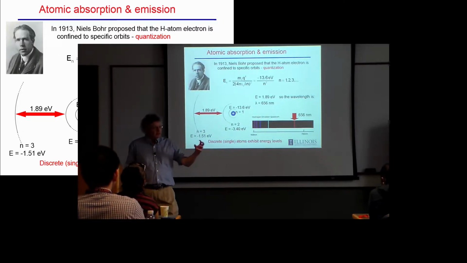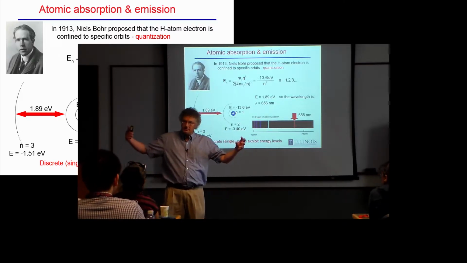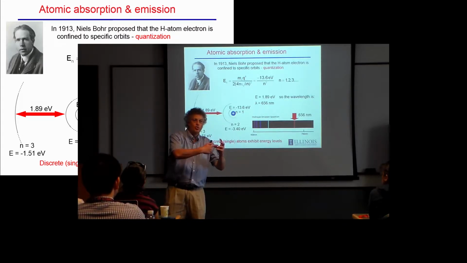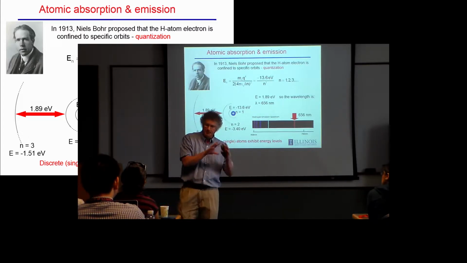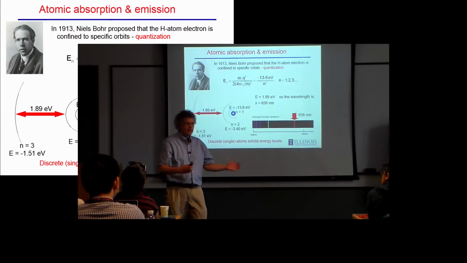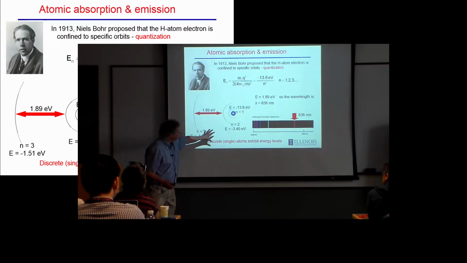So when hydrogen is hanging about and we have 656 nanometer light, it's absorbed. That energy disappears as a photon and reappears, sorry, as an excited hydrogen atom. That's the interaction between light and matter. So this is not a case of being transparent. This is a case of being absorbed. Now, what happens?